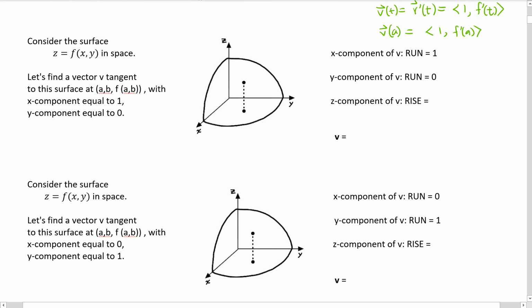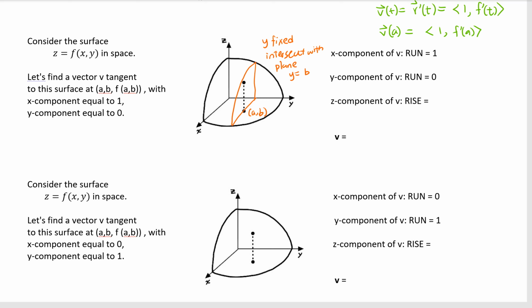Well, in this case, because the y component is 0, we can assume that y is fixed. So here y is fixed, and then we can intersect with the plane y equals b. So this point is a, b.